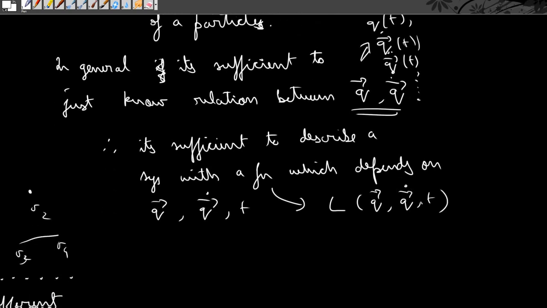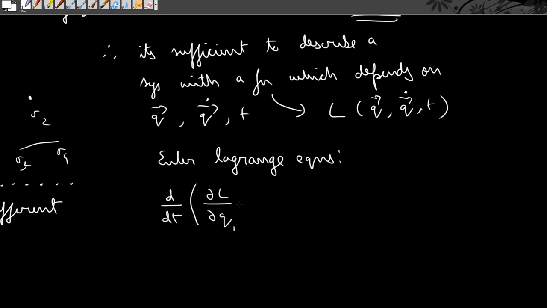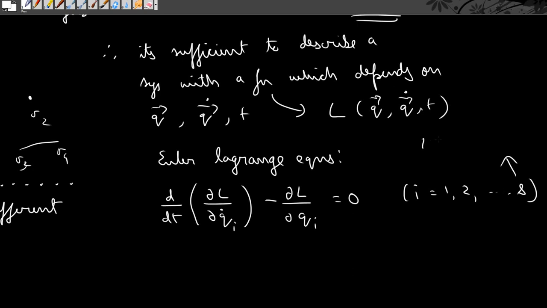And the Euler-Lagrange equations, which we saw in the previous lecture, basically say the following: d by dt of dou L by dou qi dot minus dou L by dou qi equal to 0 for i equals 1 to s, where s is basically the number of degrees of freedom.